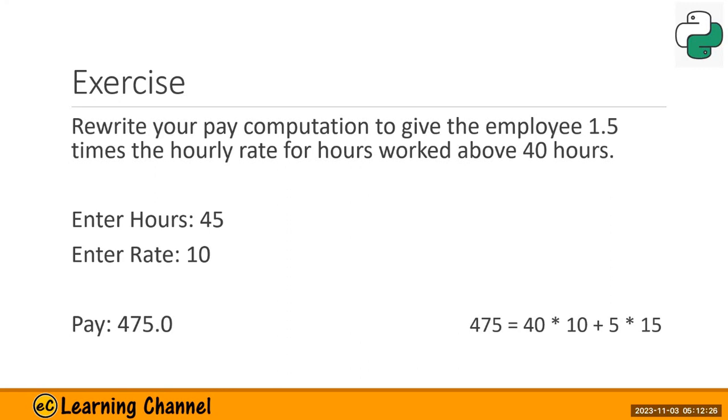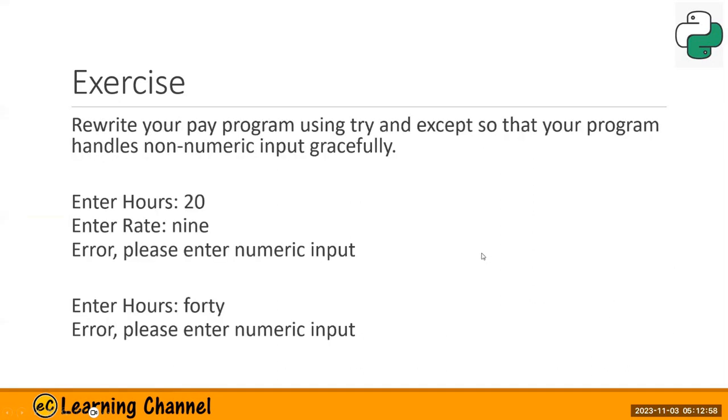Basically, we write the program to compute 1.5 times the rate for the extra hours, for those more than 40 hours. So up to 40 hours, you pay the base salary of $10. And then any extra hours after 40 will be paid at 15. So you will write a program for that.